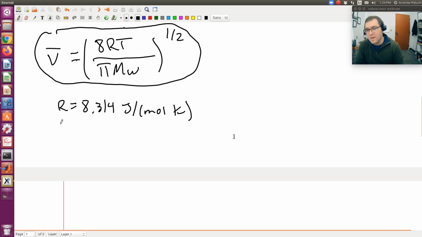Okay, now temperature. We're going to want it in absolute units. The value we're given is 0.01 degrees C. Now remember our conversion factor.